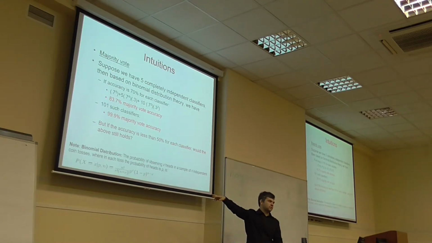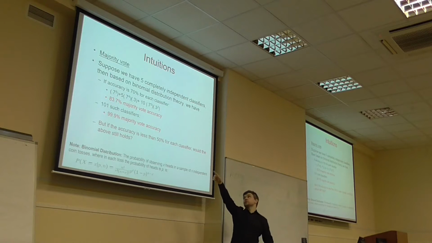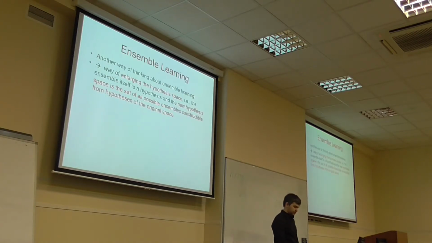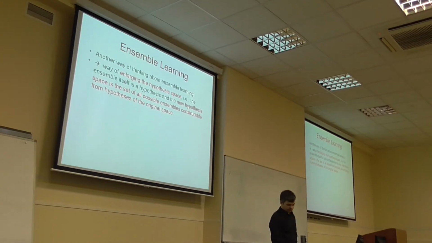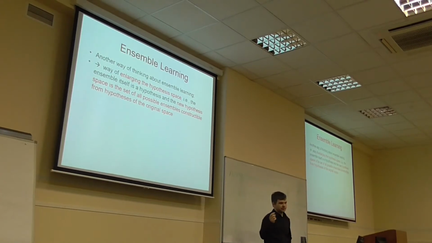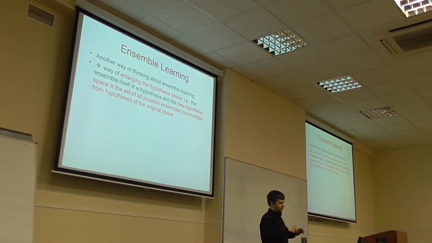This is from information theory classes. Anyway, there's a binomial distribution there, you can see it. And it's quite convincing because if you get 100 classifiers, you'll get almost 100% probability that you'll get the correct result. And of course, if our classifiers are less than 50% accurate, we may get even worse results because they will bias each other.